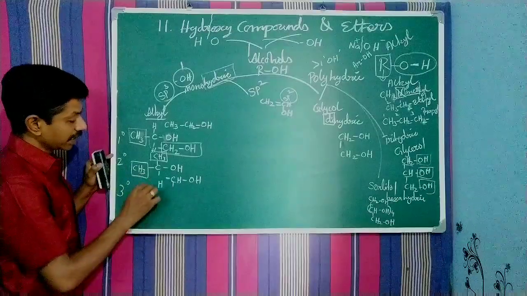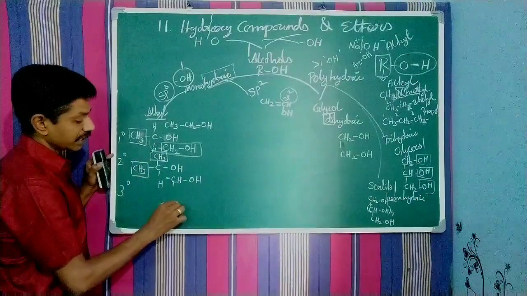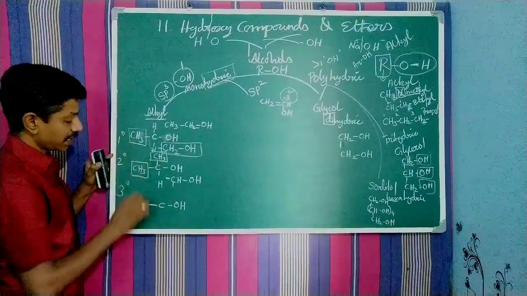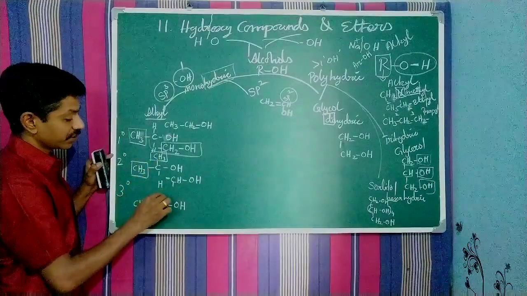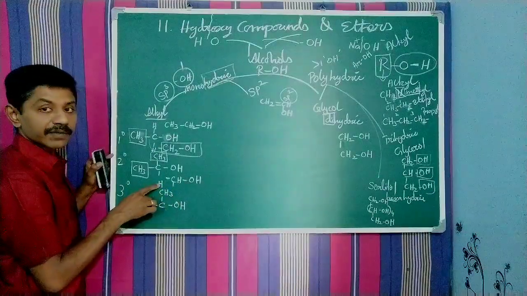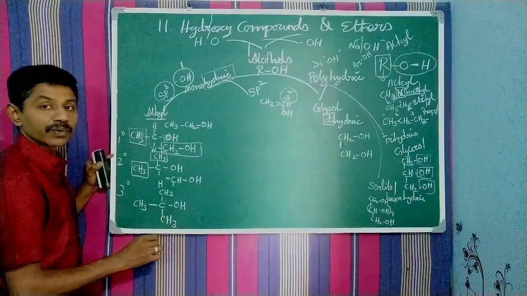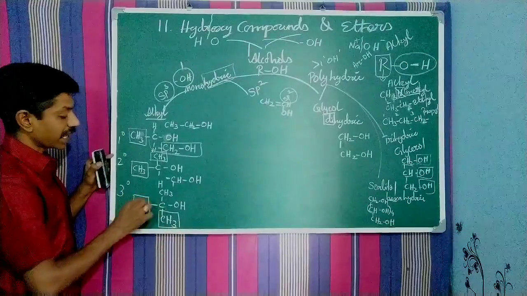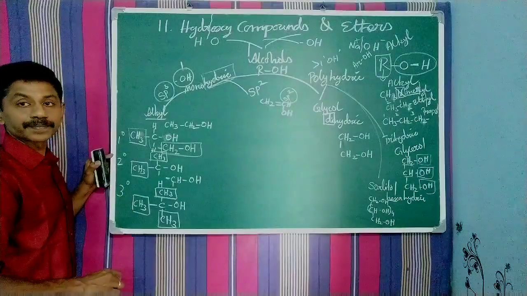For the next category, the same thing will have a carbon, with the OH group attached on one side, it's an alcohol, and on the left hand side as usual a CH3 group is attached, and here, as for the secondary one, a CH3 group is attached, and there was one hydrogen still available. Even that hydrogen I changed into a CH3 group. Now you closely see the total number of alkyl groups or methyl groups attached is 3.